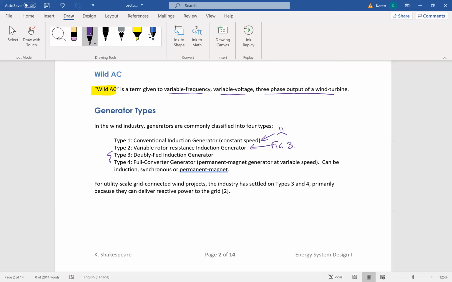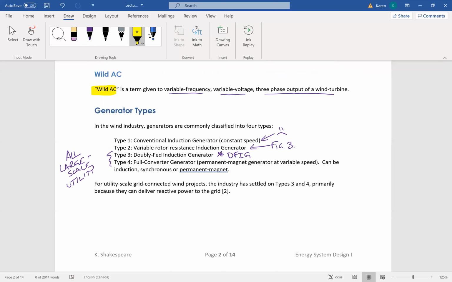But type 3 and type 4 are basically all large scale utility wind turbines. And what's very popular is a doubly fed induction generator, so we're going to focus a lot of our attention on that.